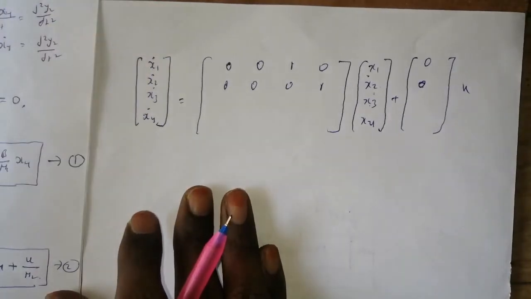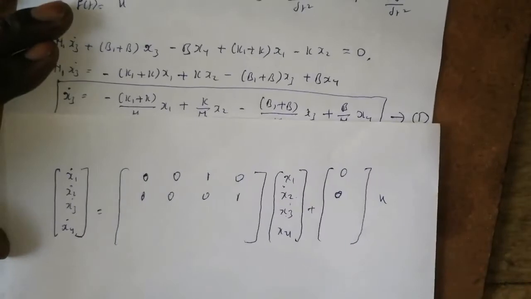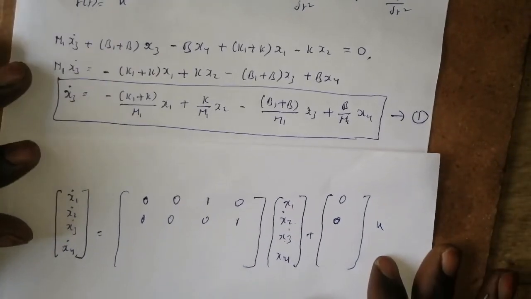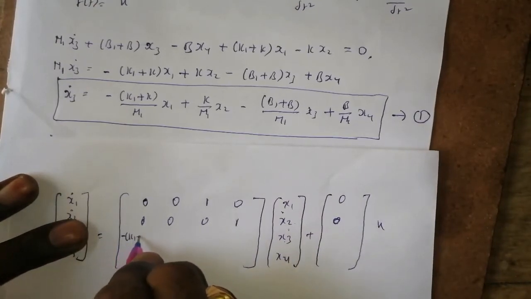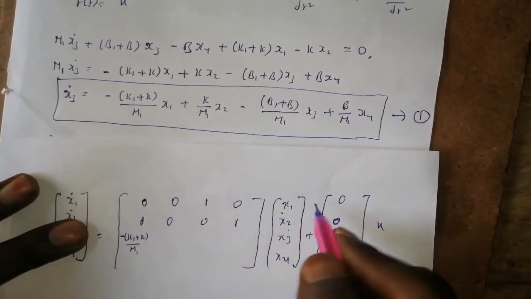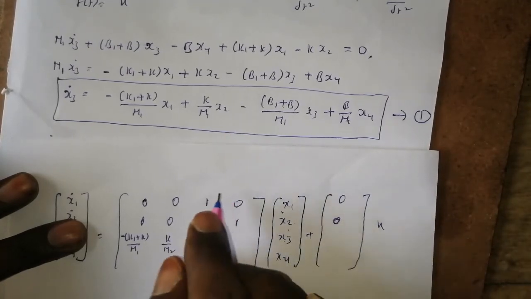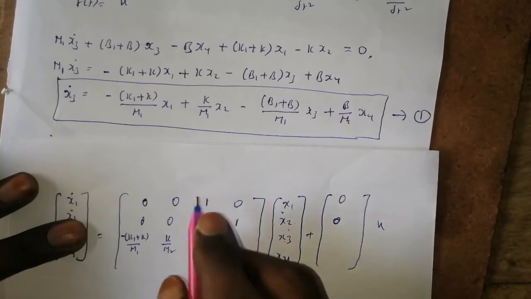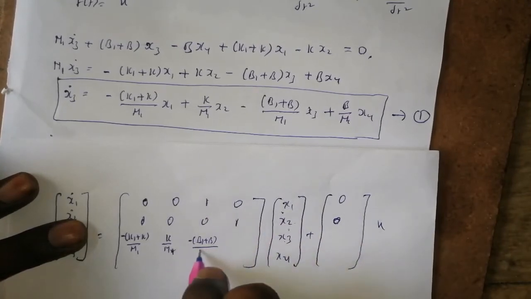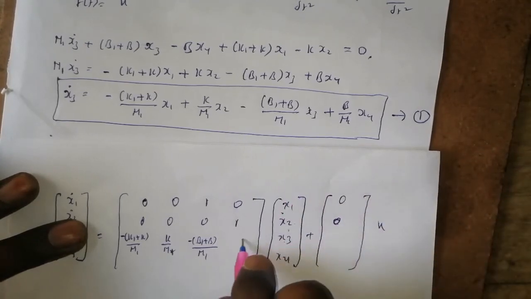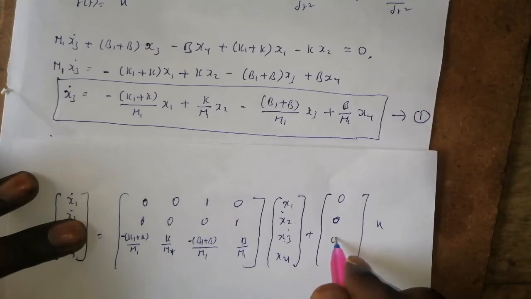Next one is the x3 dot equation. The first term is minus (k1 plus k) by m1 into x1. Next, k by m2 into x2, minus (b1 plus b) by m1 into x3, b by m1 into x4, and there is no input, so it should be 0.